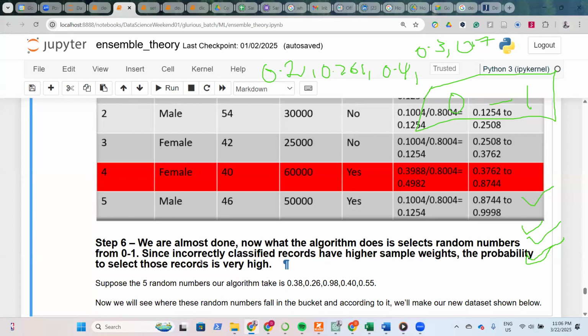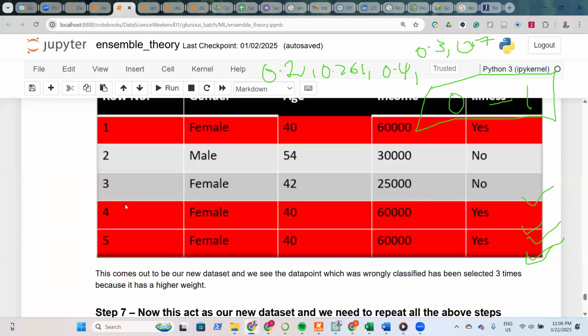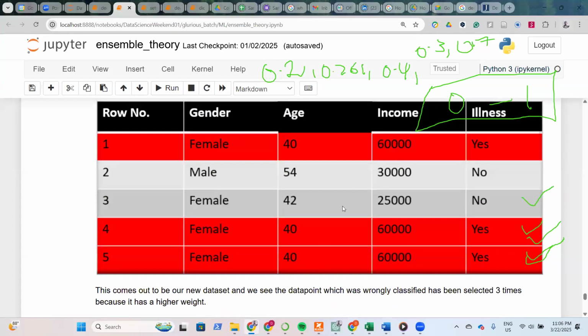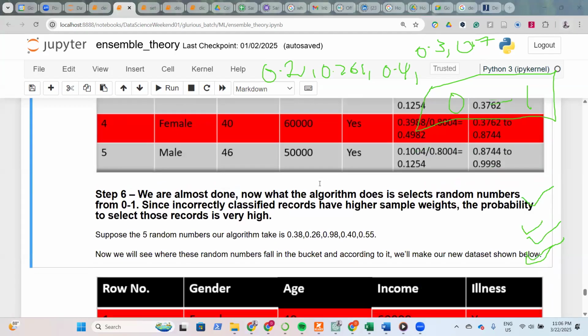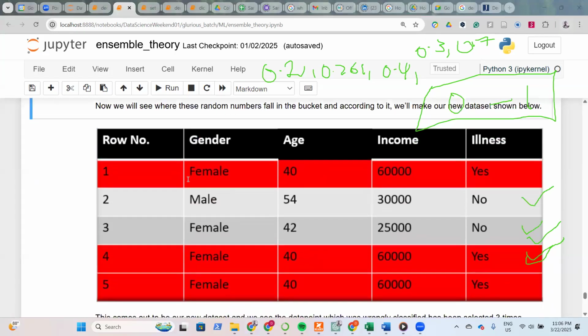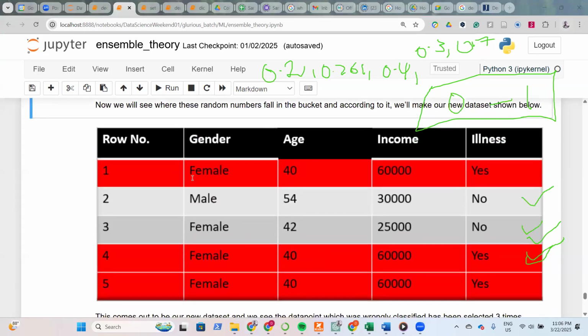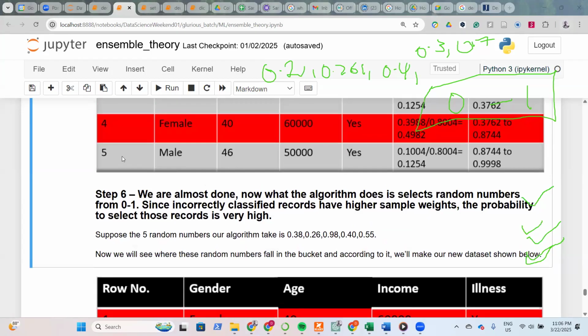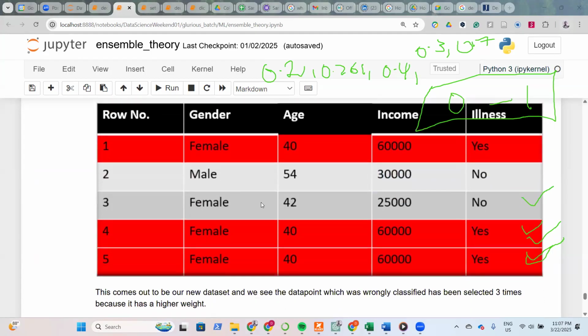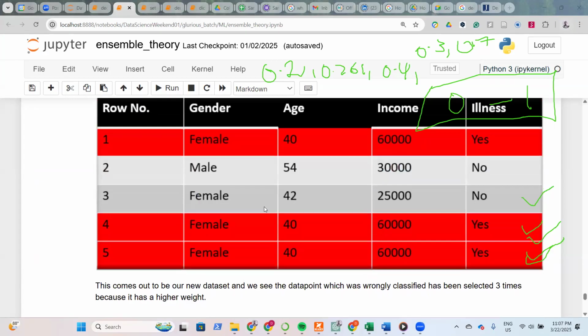So what did I do? I just maintained the record for the fifth bucket. So where is the fifth bucket? You had 40, 500, male 46, 500.